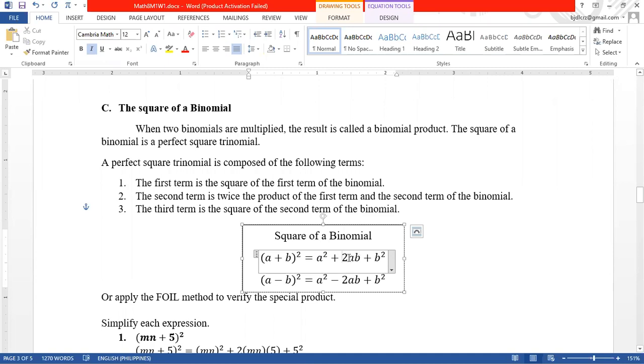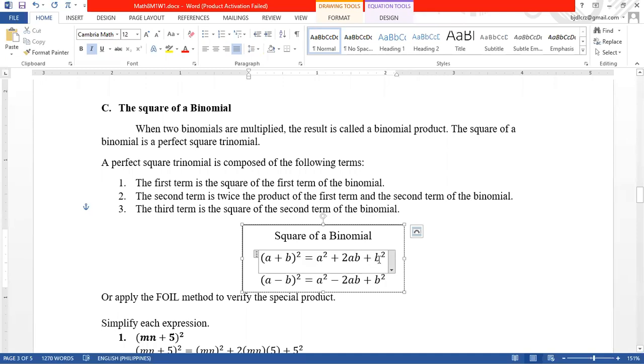Twice means we multiply them by two. So we put 2 here. So 2 multiplied to the product of the first and second term. So we have here 2AB.